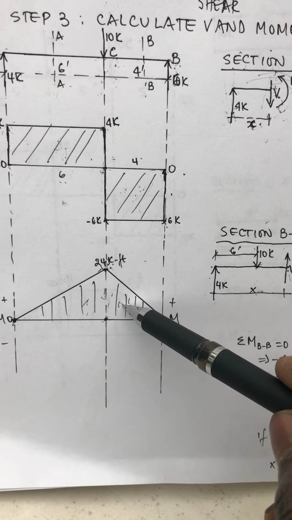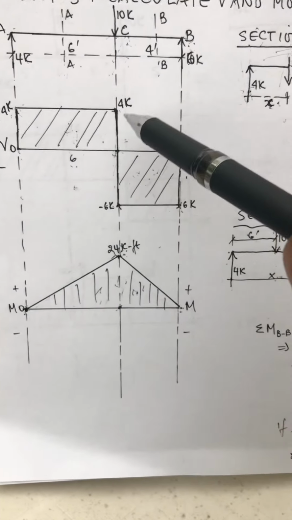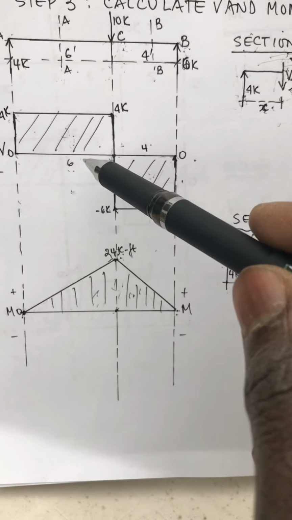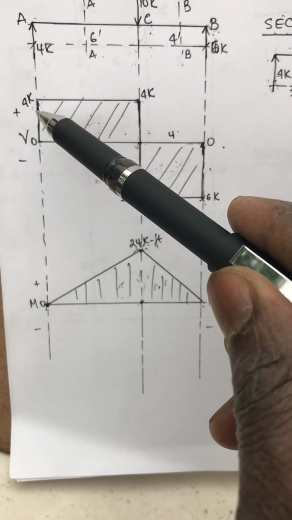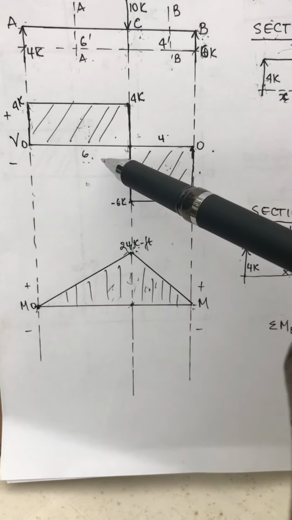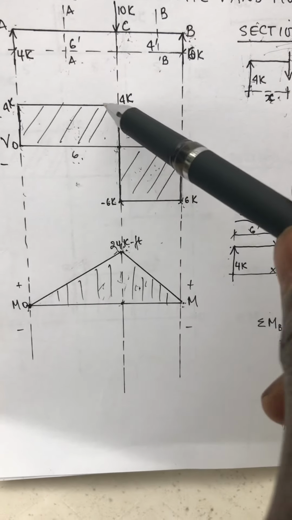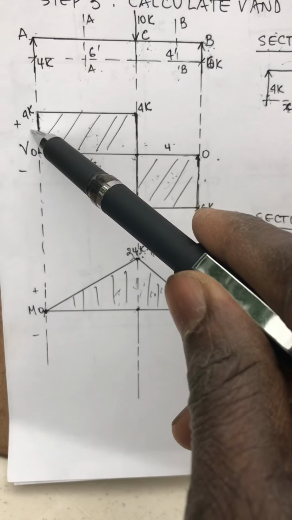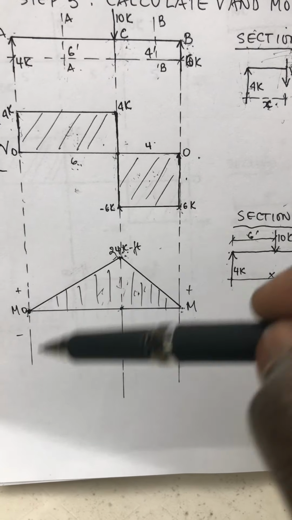Okay, now check this out. You see the rectangle formed by these shear forces. Here we have 6, and over there we have 4. If you find the area of this rectangle, 6 times 4 gives you 24. So that's the other way to calculate the moment.